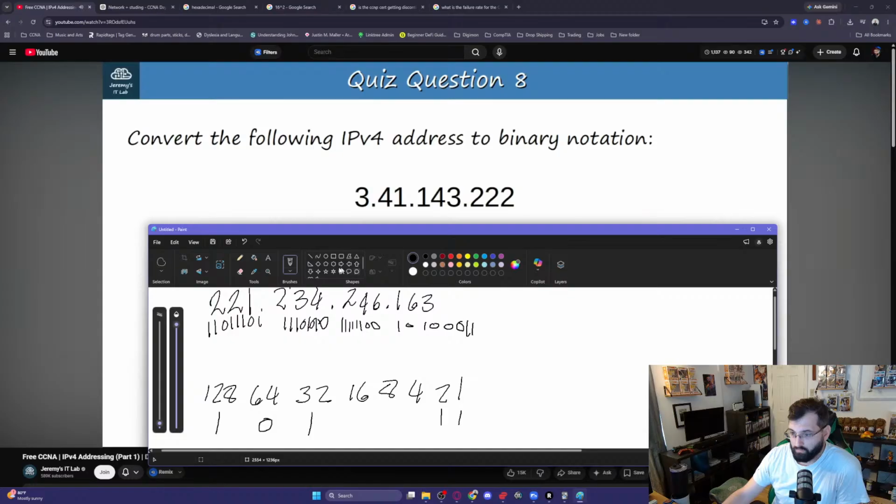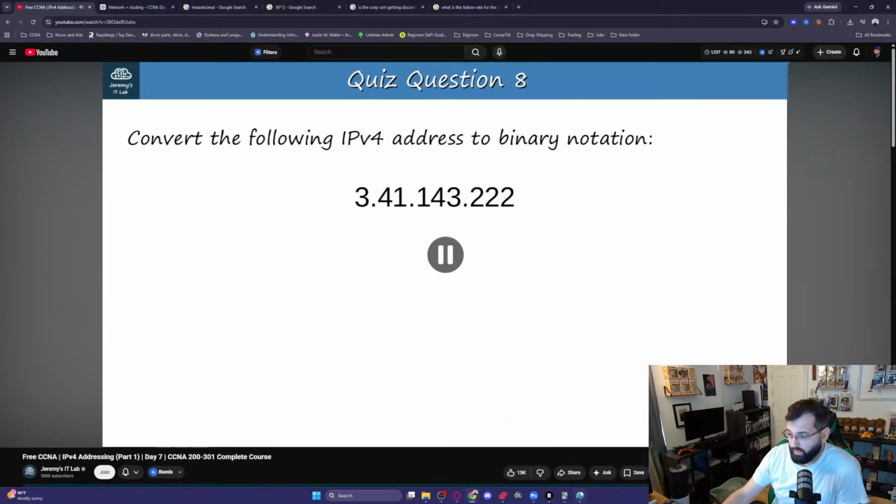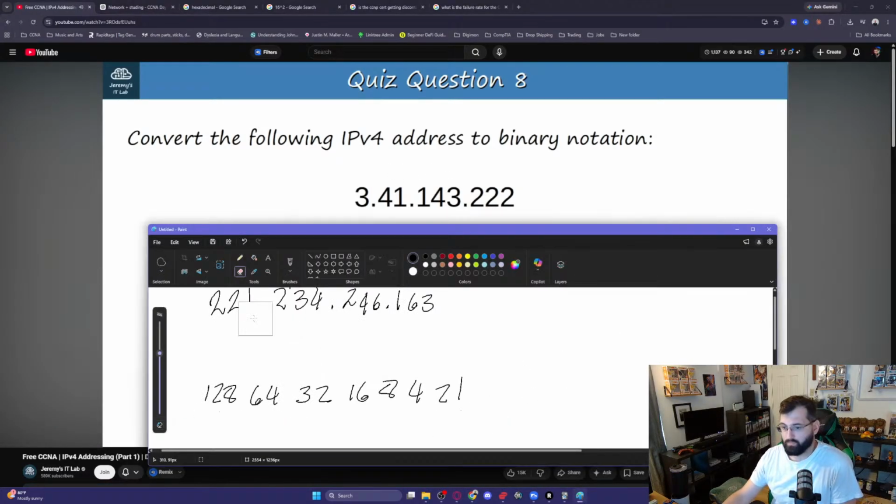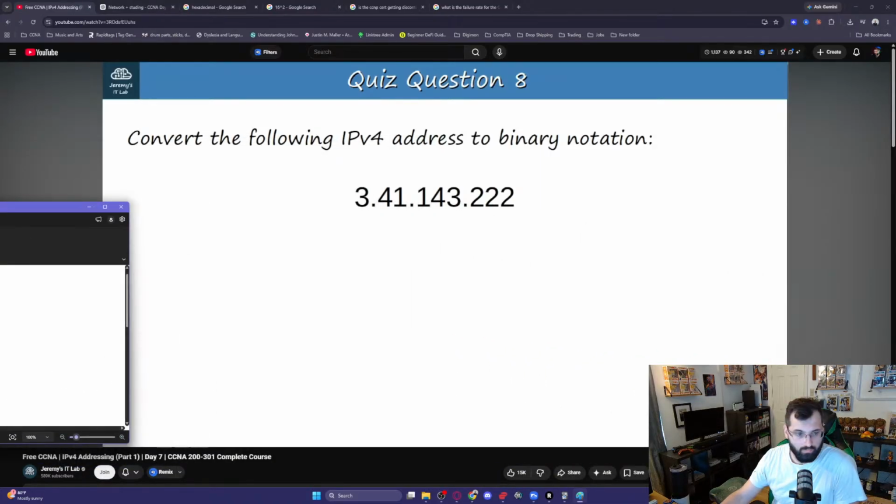Convert the following IPv4 address to binary notation. 3.41.143.222. Pause the video to solve the question. Okay, we're going to try to do this one in our heads, boys. So we have 3.41.143.222.